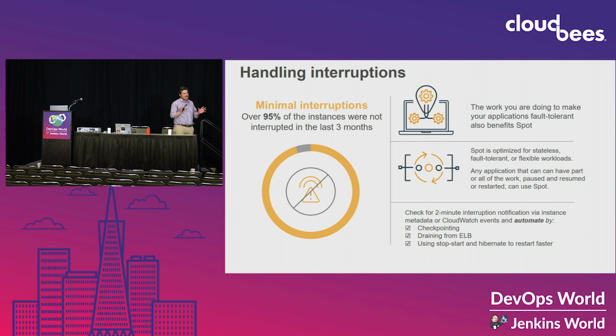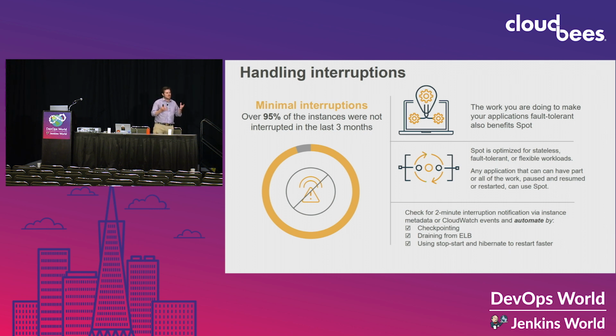So just to put it in perspective, to use Spot, you need to be able to re-queue a job, right? If you're running a test or a build and the server is taken off you, it would obviously not be a great experience if that test didn't go back to the queue and get reprocessed. However, don't confuse the fact you need to be prepared for interruptions with this idea that it's going to happen all the time. It doesn't happen that often. You just need to be prepared for it.